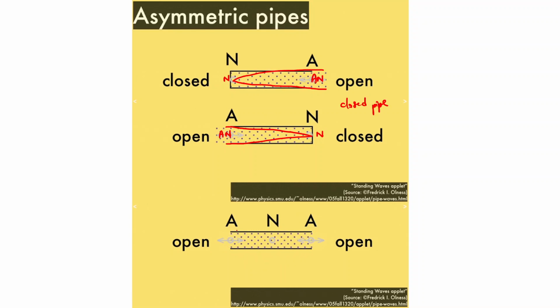And then how about this one? This one is antinode, so it can form like this. This is an antinode, and this part also an antinode, so you must have a node at the middle. Class, I want to ask you again: how many wavelengths is it from node to antinode?